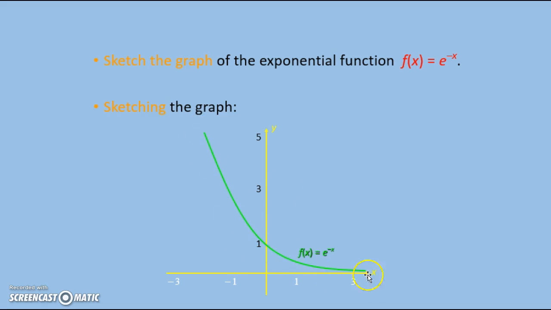We can see, just like the other exponential functions whose base was between 0 and 1, it's a strictly decreasing function, still has the y-intercept, still has the same horizontal asymptote, and is very large in quadrant 3, never touches the x-axis, but as x gets larger and larger, the outputs get smaller and smaller, but stay positive.